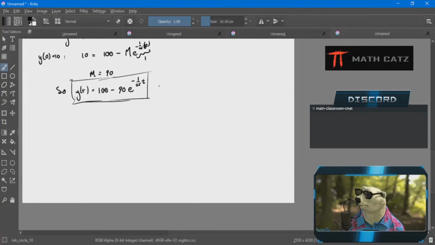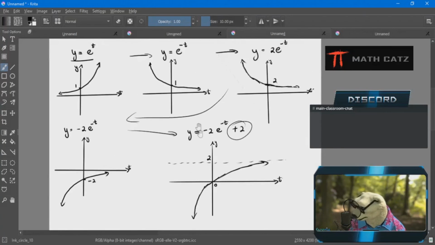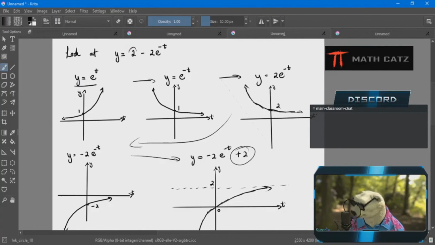Now, we don't have to graph this terribly accurately, but I do want to know where in this function is the quote-unquote capacity. It comes from this vertical shift in my transformations.